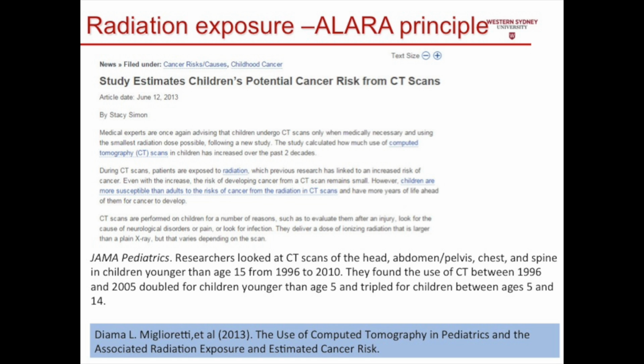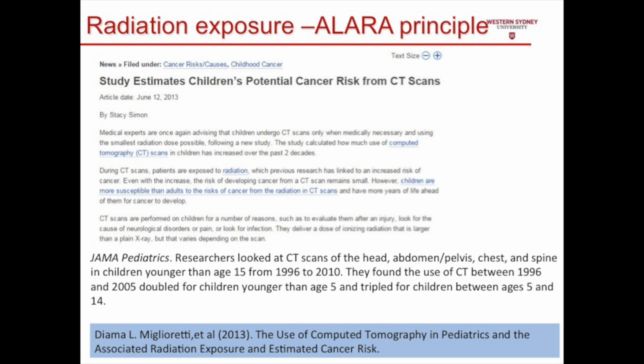And indeed, a study published in 2013 provided estimates of how many potential future cancers could be caused by the use of CT scanning performed on children each year, which the authors found to be approximately 4 million CT scans being performed on children each year.